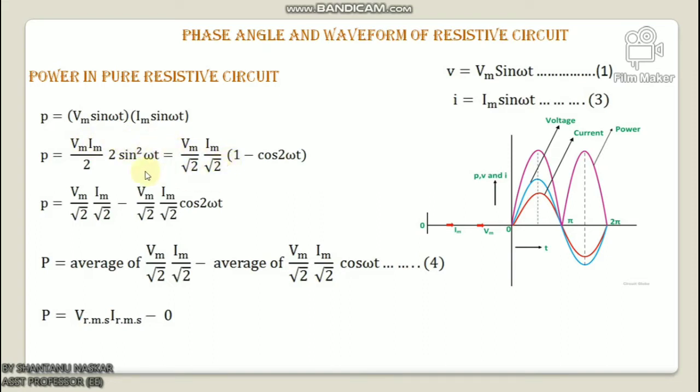Now the average power consumed in the circuit over a complete cycle is given by P equals average of Vm by root 2 Im by root 2 minus average of Vm by root 2 Im by root 2 cos omega t. This is equation 4.